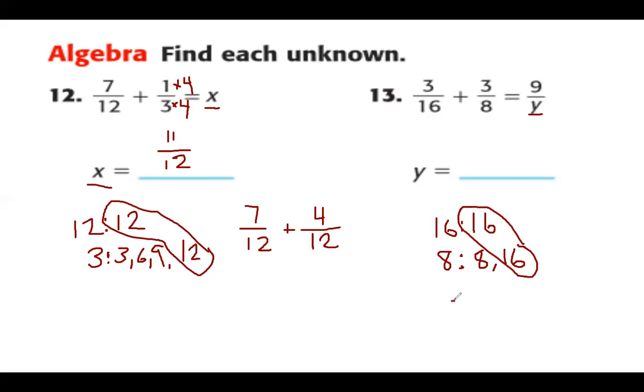Right here, we just found our new denominator. We would go through right here and we would find our new fractions and add them together. But we should know by now, we do not add the denominators, we only add the numerators, which means I don't even have to finish solving this. I know that no matter what my numerators end up being, my denominator is gonna stay 16, okay?